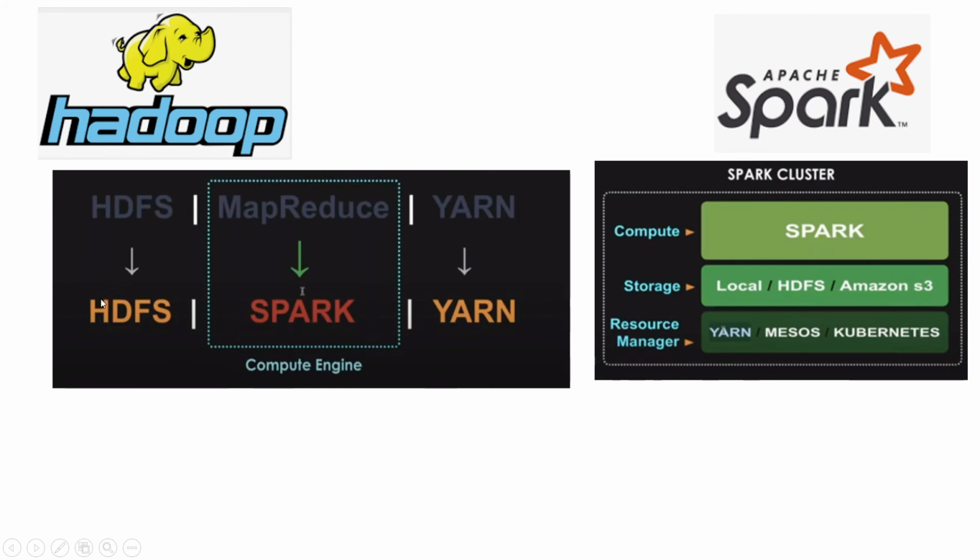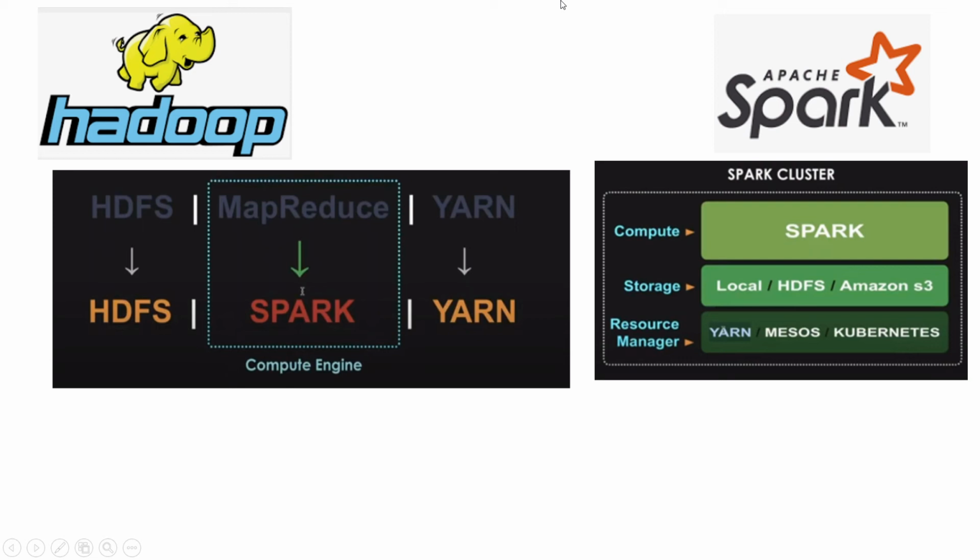So we are not replacing Hadoop with Spark. If someone asks you to compare Hadoop and Spark, it's not a valid comparison, because we are not replacing Hadoop with Spark.